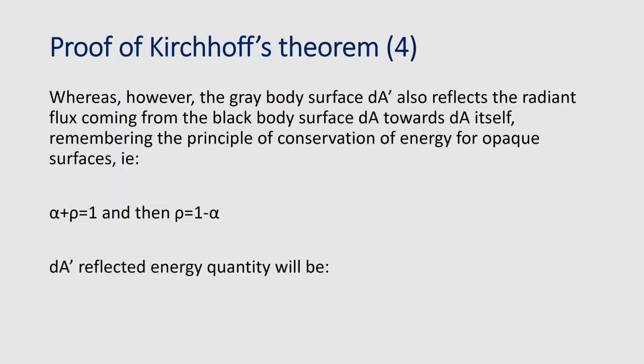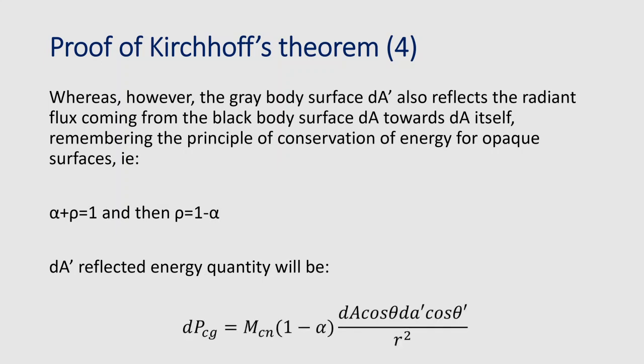So the fraction of energy that is reflected by the gray body dA1 back to the black body will be this one.